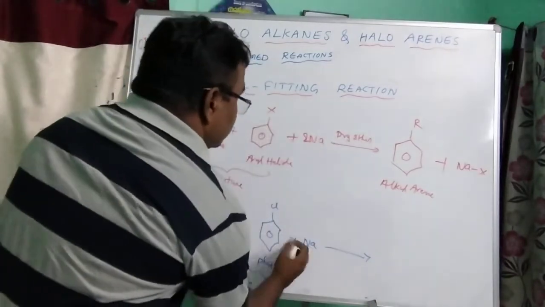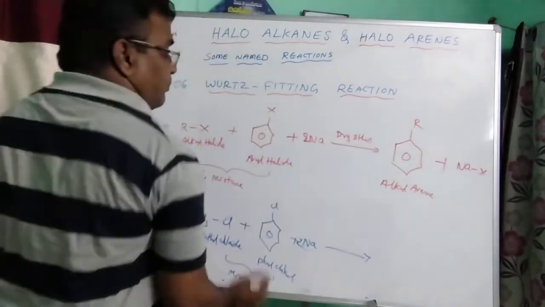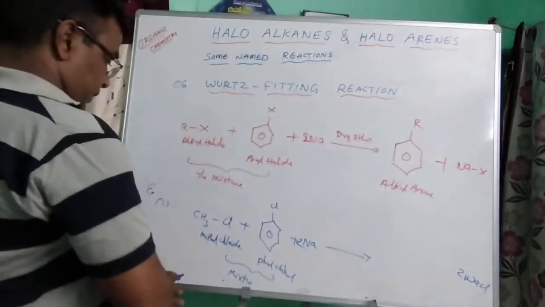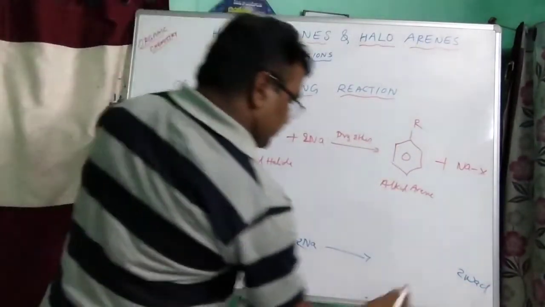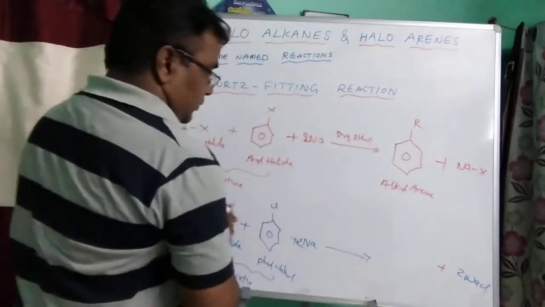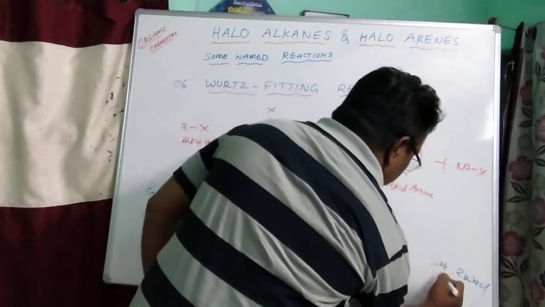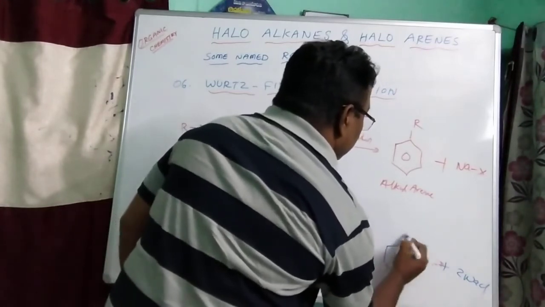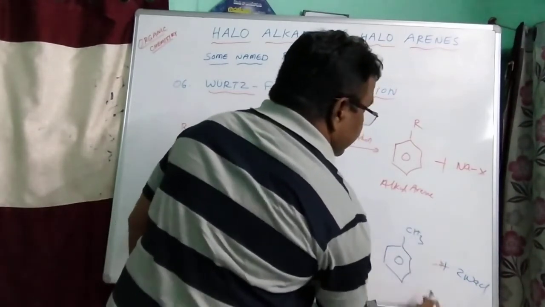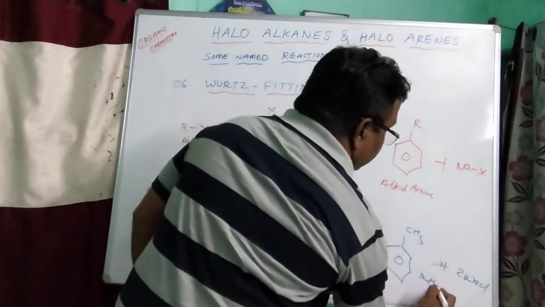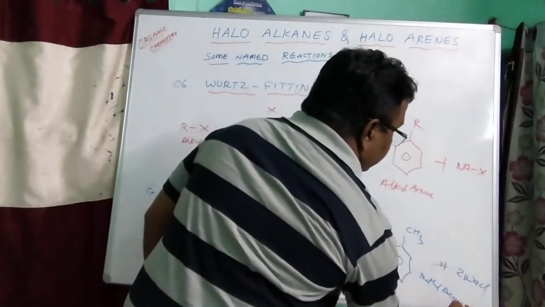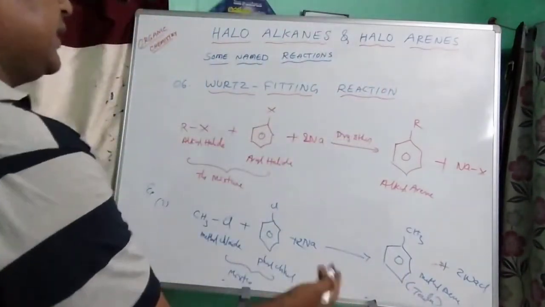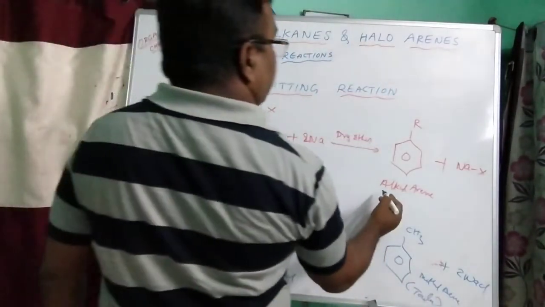Now 2 moles sodium chloride are removed, and we know that the product is methyl benzene. This methyl benzene is known as toluene. So toluene is the example for the alkyl arene.